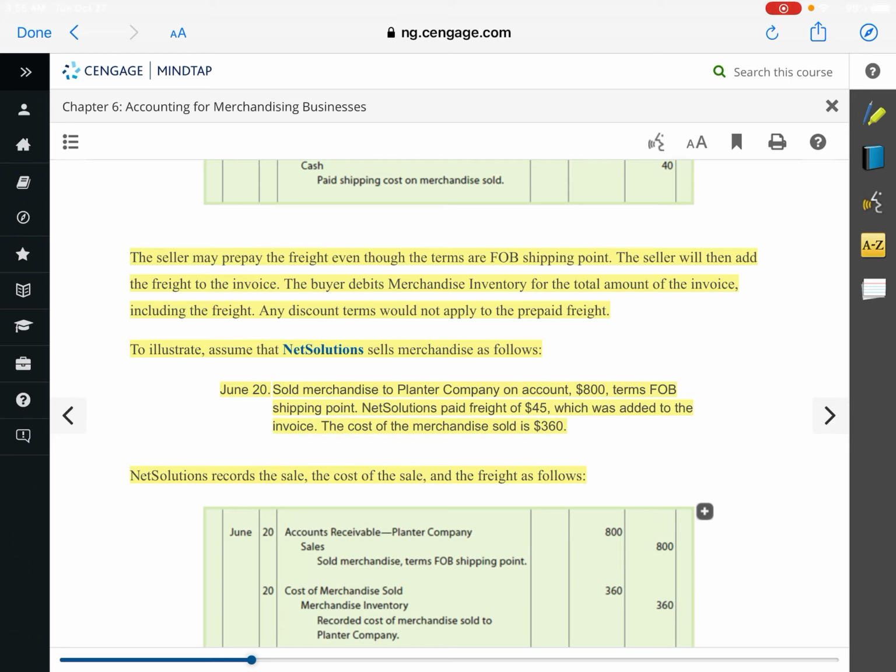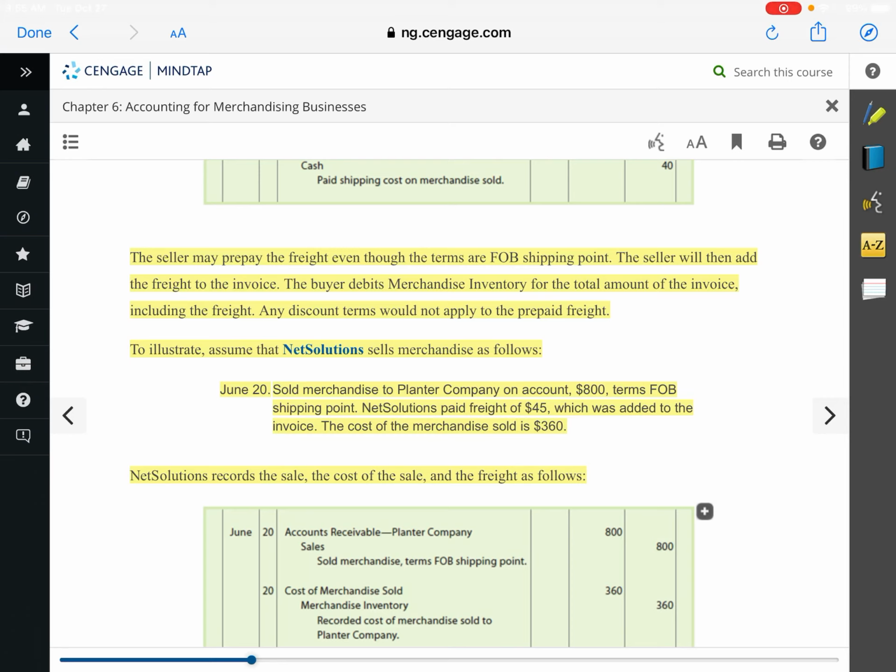All right, so we sold merchandise to Planner Company on account for $800. Terms FOB shipping point. Net Solutions, which is us, the seller, paid freight of $45, which was added to the invoice. The cost of the merchandise sold is $360. So Net Solutions records the sale, the cost of the sale, and the freight as follows.